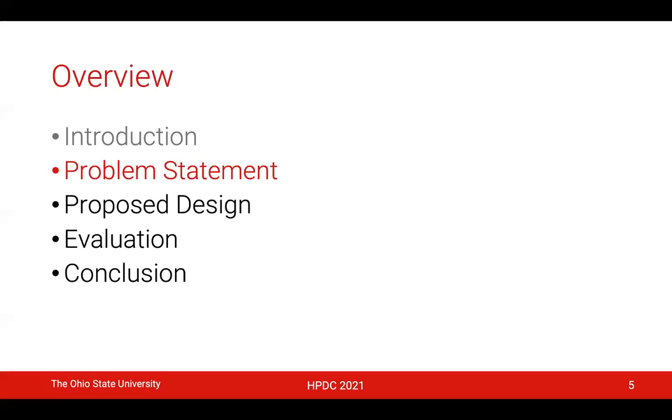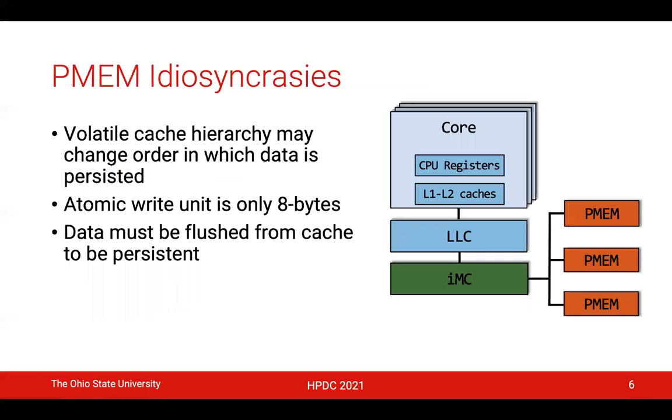Moving on to the problem statement. Despite its attractive performance, persistent memory is idiosyncratic and hard to program with. Persistent memory can be directly accessed using byte addressable loads and stores through the memory bus. However, the volatile cache hierarchy complicates data consistency and persistence. It may change the order of stores from what's desired and only provides 8-byte atomicity.